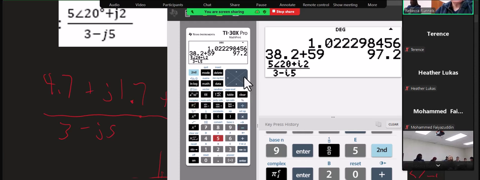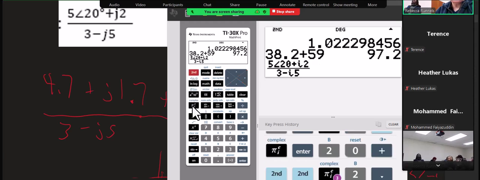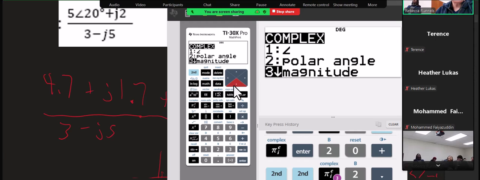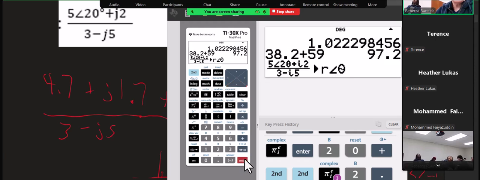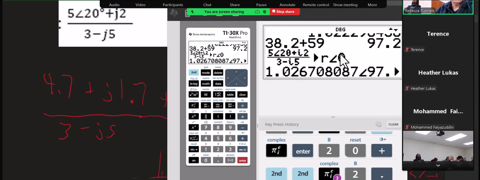I have my calculator set to rectangular. I want my answer in polar, so I'll just go ahead and tell it to convert to polar right here, and I get 1.02 angle 97.